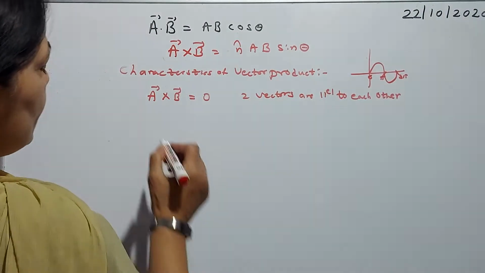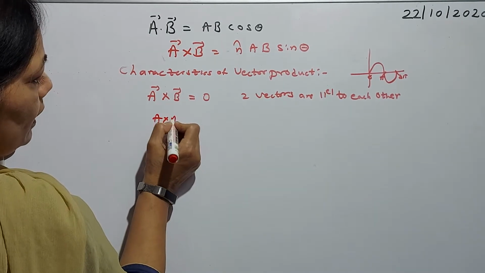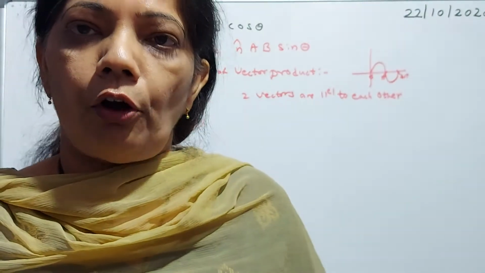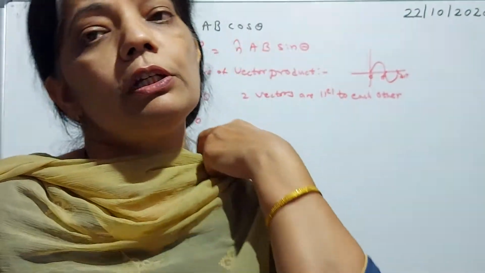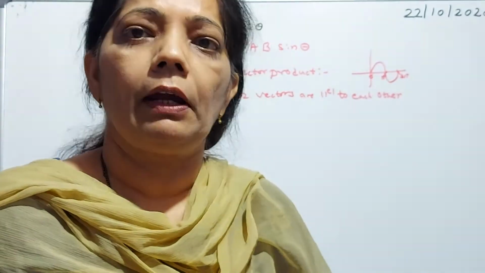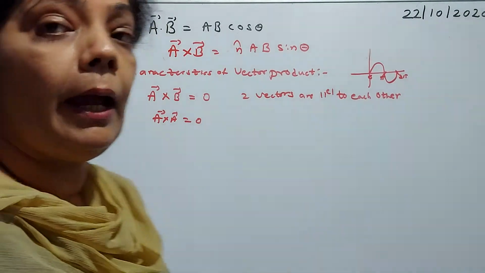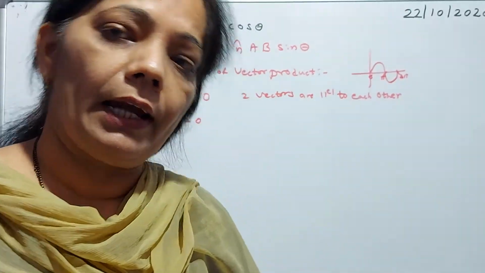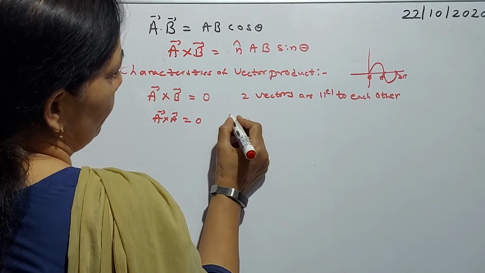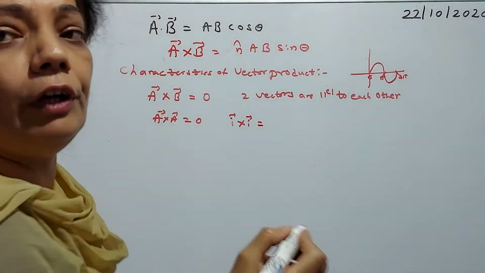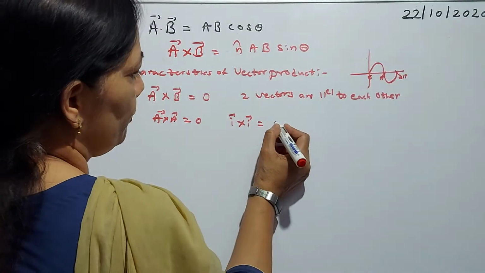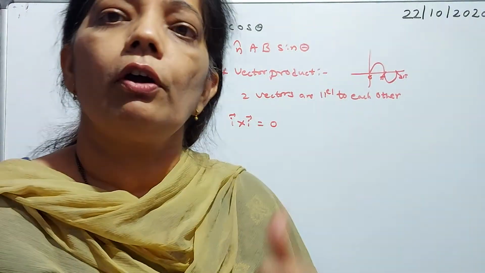From this expression we can say that even A cross A will be 0. A vector product with itself will also give me 0 value. Like in case of dot, we got the value 1, but in case of cross product, I am getting the value 0. This will help me define an important characteristic. Suppose I say i cross i. What is i? A unit vector along x-axis.